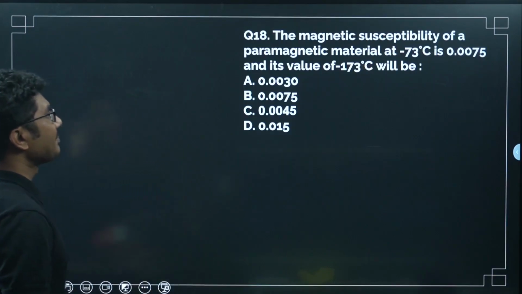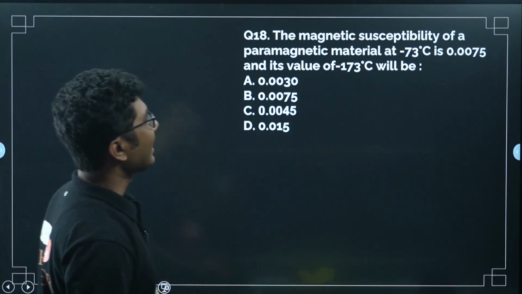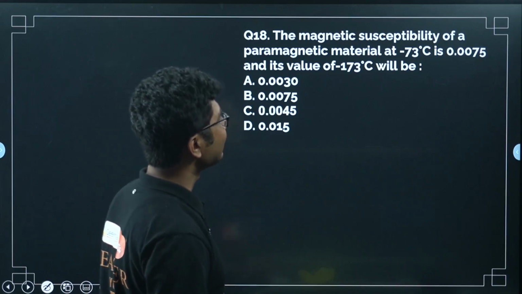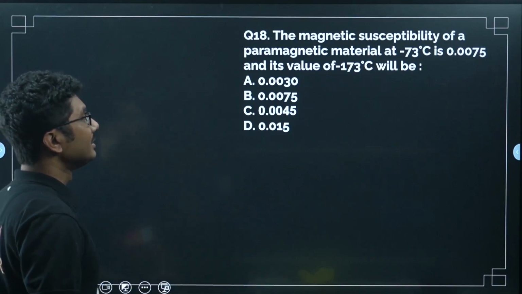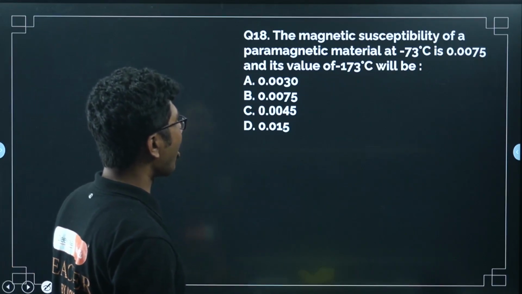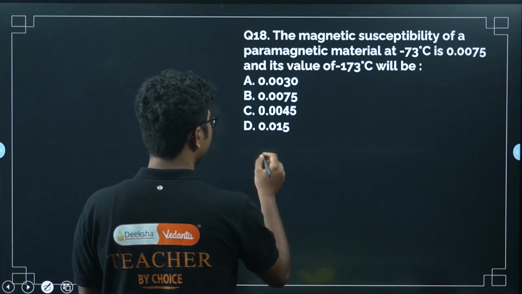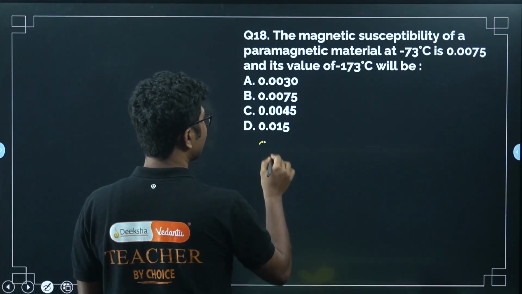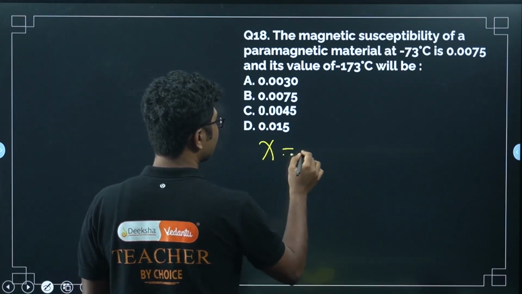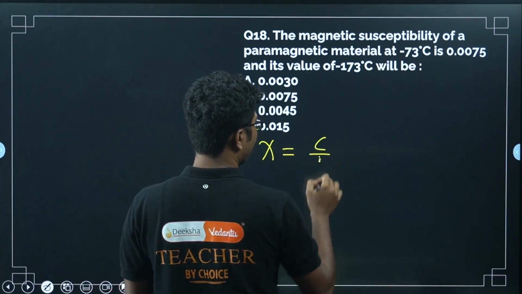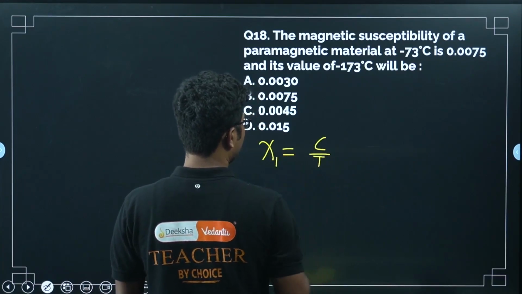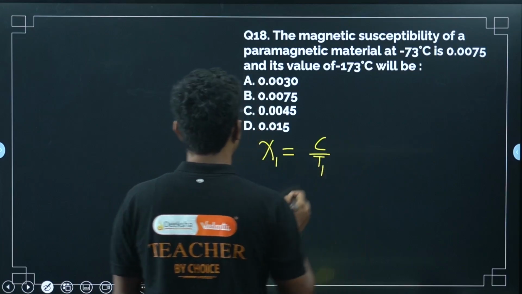The magnetic susceptibility of a paramagnetic material at minus 73 degrees Celsius is 0.0075. Again, this is no longer part of the syllabus, but since we have already used the formula chi is equal to C by T, right? Now at temperature 1 it is T1. So what is the temperature?